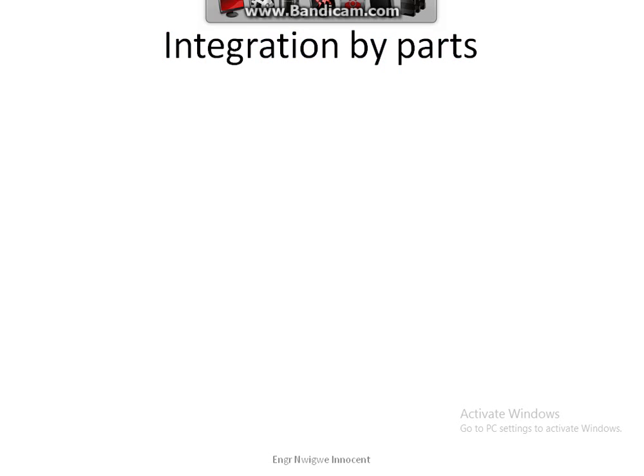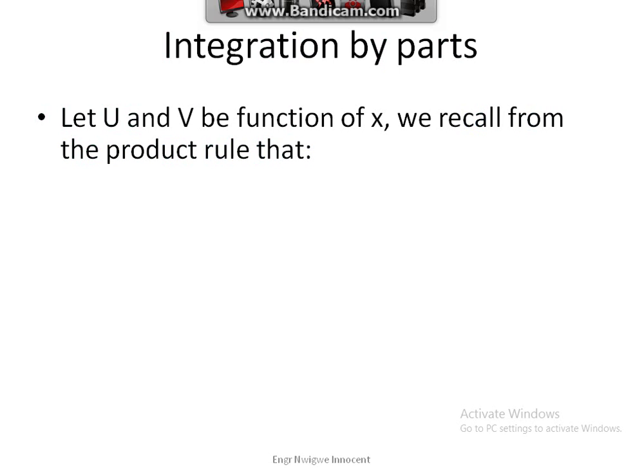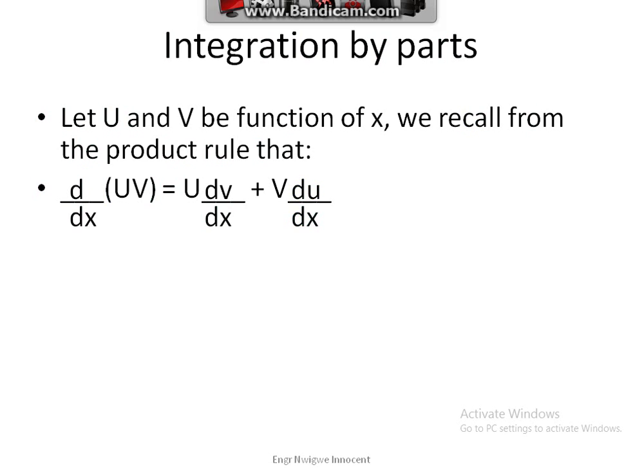Integration by parts. Let u and v be functions of s. Recall from the product rule that the differentiation of uv over ds is equal to u dv over ds plus v du over ds.